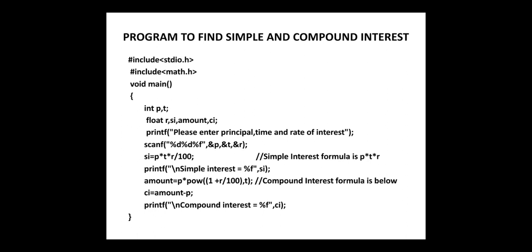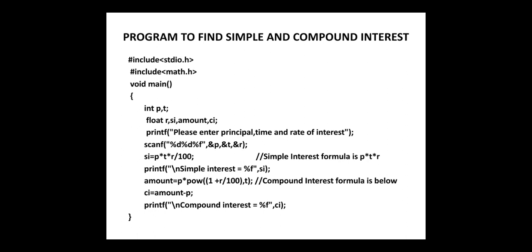Next, I display the value of the simple interest using the printf statement: Simple interest is equal to %f. Since si is a floating data type, we use %f, and whichever variable I am printing, we need to mention it, so that is si. Now I got the si value and displayed it on the output screen.